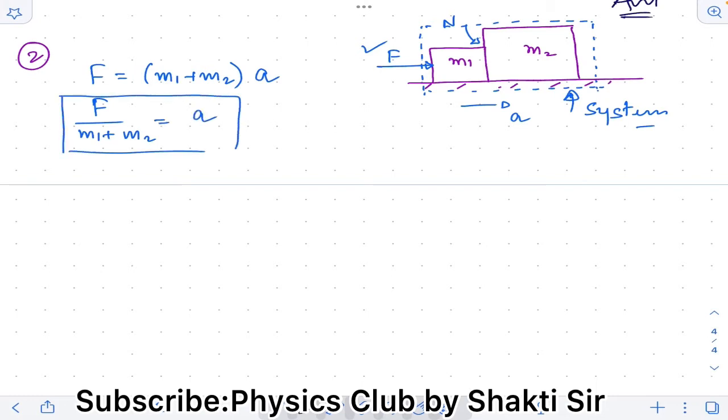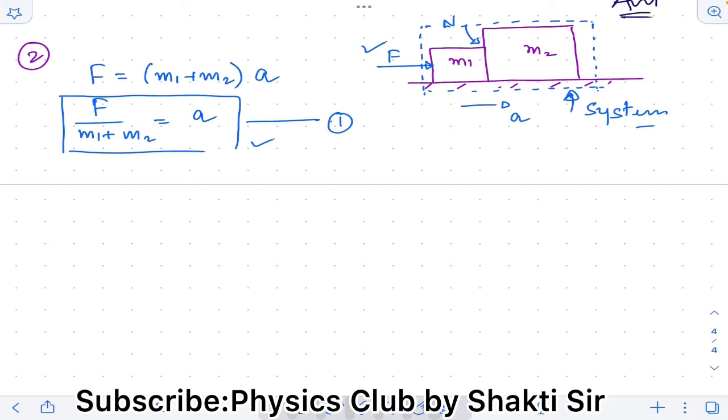As this is the acceleration of the system, m1 and m2 respectively accelerate with the same acceleration a, given by equation number 1. So if someone asks you what is the acceleration of m1, we will say it is F divided by m1 plus m2, and the acceleration of m2 is the same, given by equation number 1.